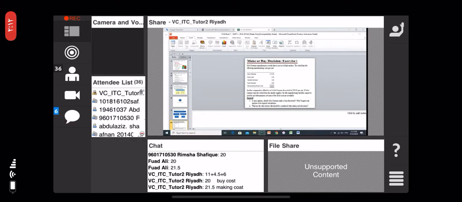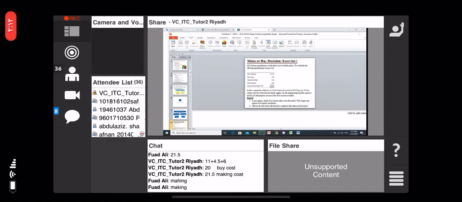You will decide go to purchases, or you will decide go to making. Yes, making, because the purchases cost will be less than making cost.